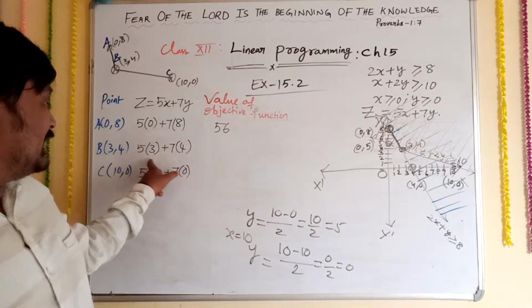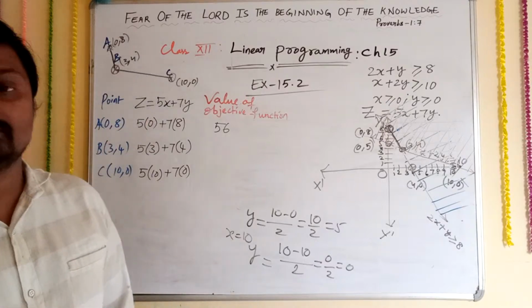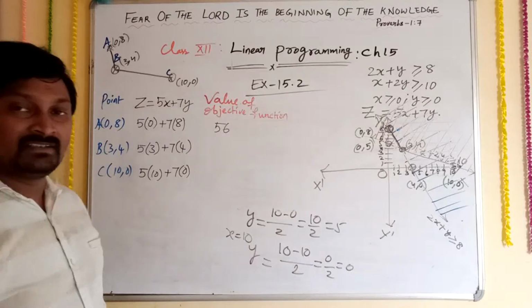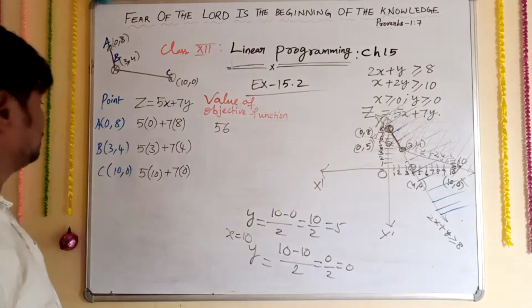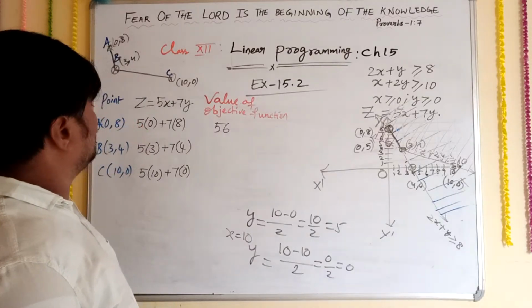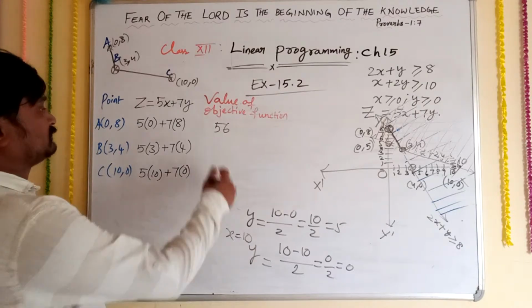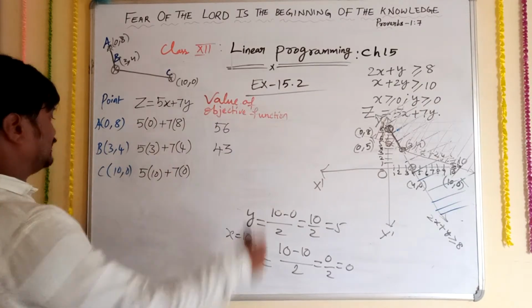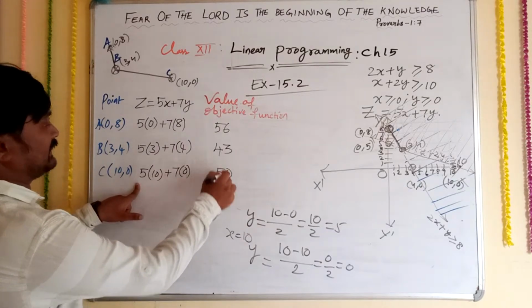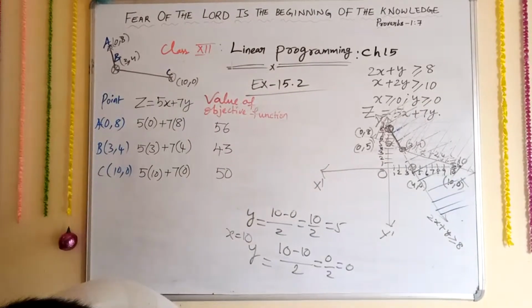These both add and tell to me what is your answer. 43. So here 43. And here you are going to get as 50. But let me see here once.